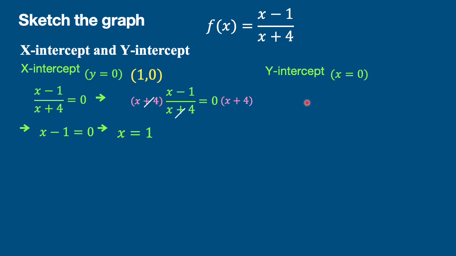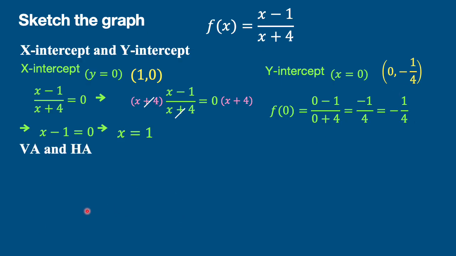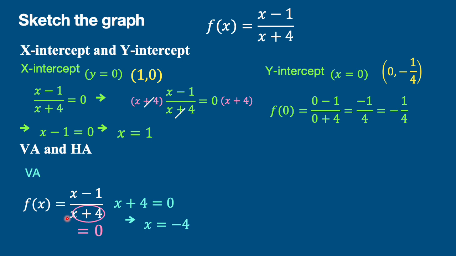What's the y-intercept? X equals 0. You plug in x equals 0, 0 minus 1 over 0 plus 4. That's negative 1 over 4. You find it. Y-intercept 0 and negative 1 over 4. Next are the vertical and horizontal asymptotes. The vertical asymptote line is where the denominator is 0, which means x plus 4 equals 0, x equals negative 4.